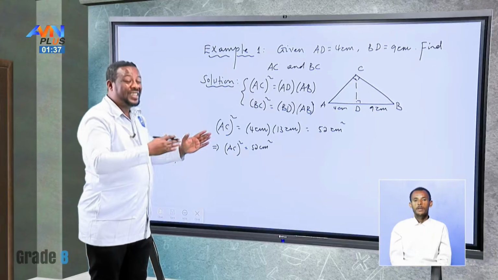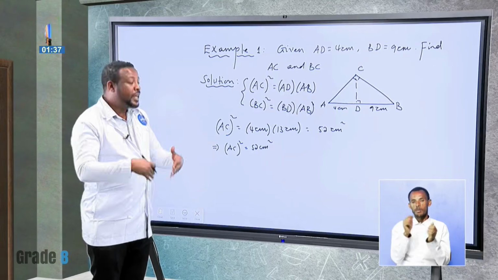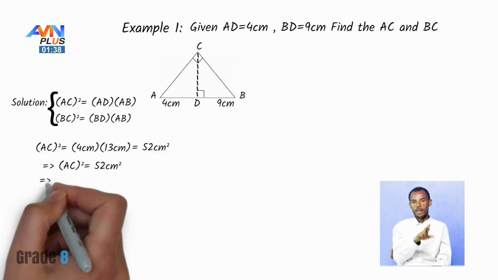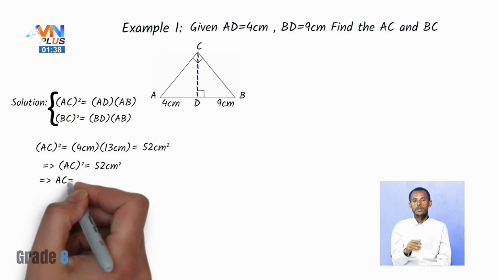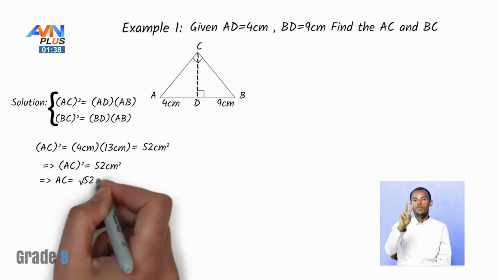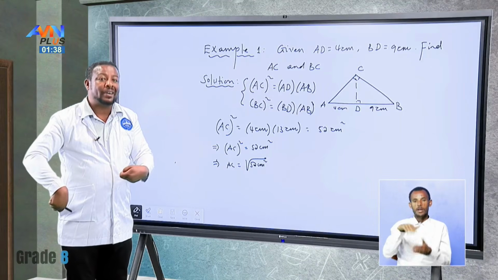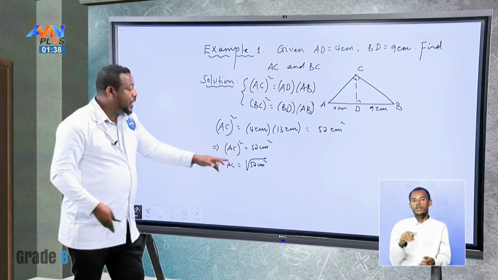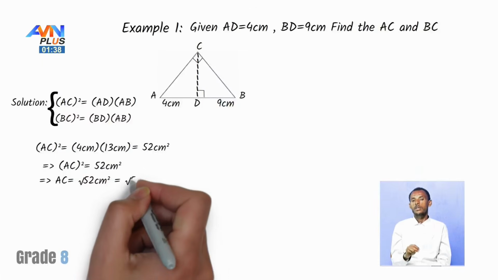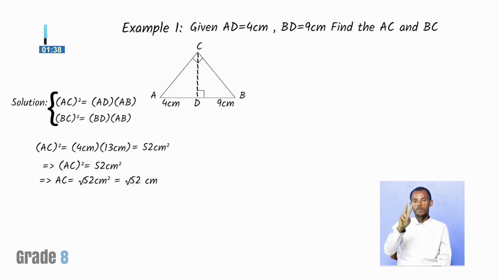Okay, now you can take both sides in the radical, then AC becomes square root of 52 centimeter square. Okay, this centimeter square can be taken out from the radical, it becomes centimeter. So this is radical 52 centimeter.